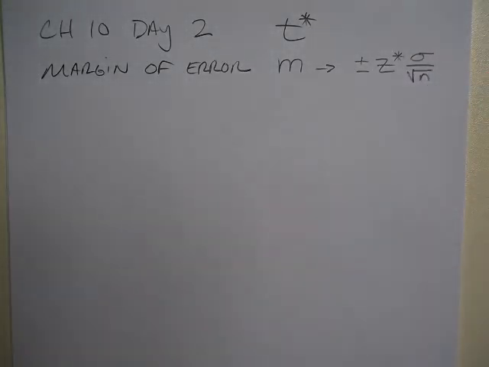That is the margin of error. You're taking an x bar value and you're adding and subtracting a little bit to it in the calculation that we learned last time.